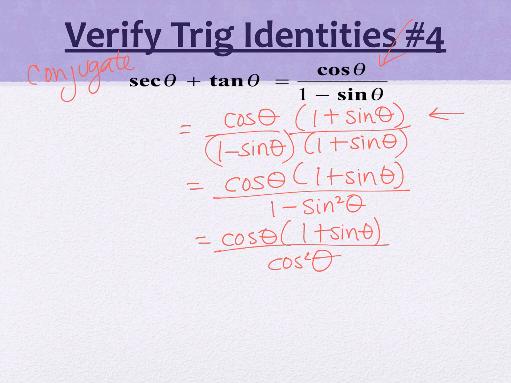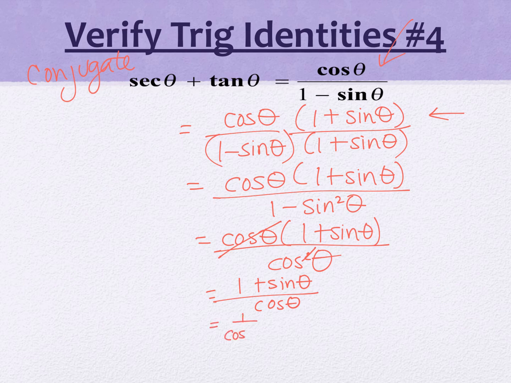And I have a cosine in my numerator and denominator, so I'm going to cancel this one and the squared, but I still have one in the denominator. So cosine over cosine is 1. I've simplified that. And now I have 1 plus sine theta all over cosine theta. It kind of feels like we're going in circles because we just have a fraction again, but now I only have one thing in my denominator, so I'm going to split my denominator again.